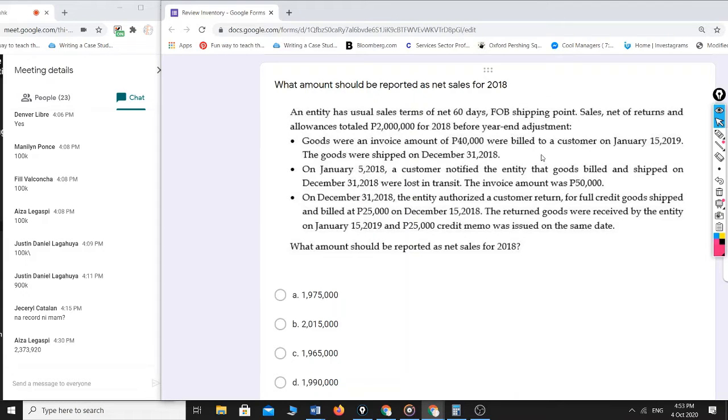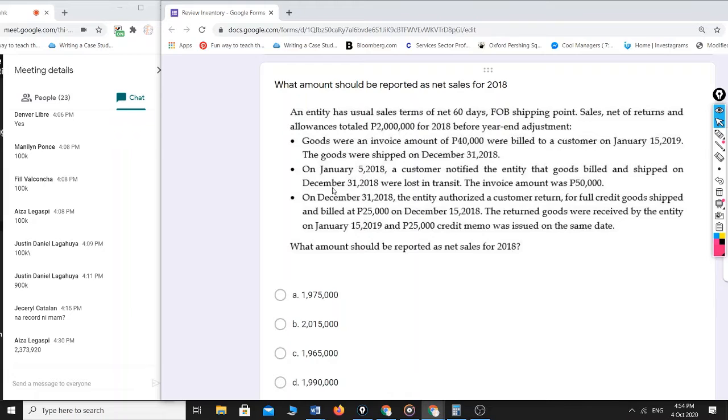So, should i-adjust ba nato ni or dili? So, since it was already shipped, and remember, ang policy sa entity is FOB shipping point. So, therefore, it should be part already of our sales. So, i-add nato ni ang 40,000.